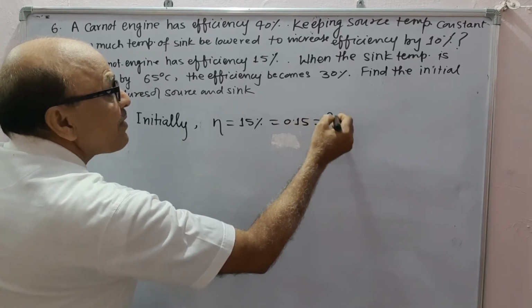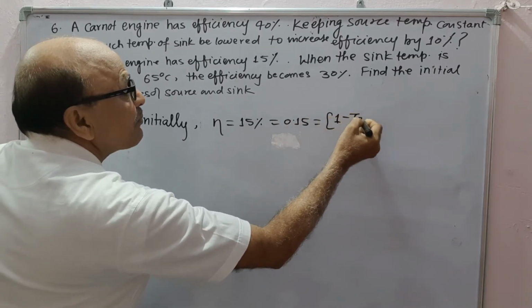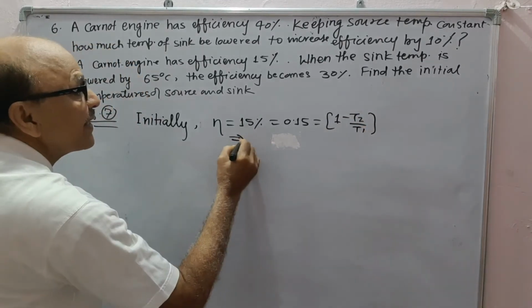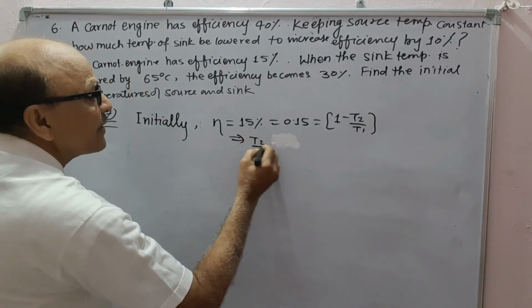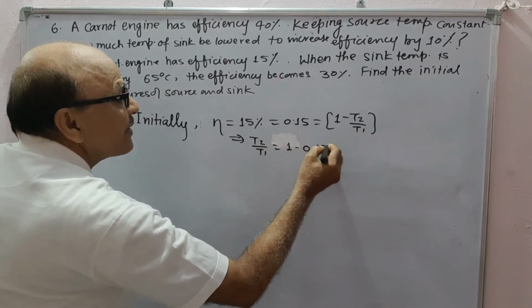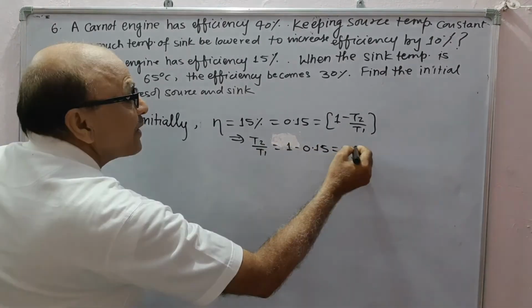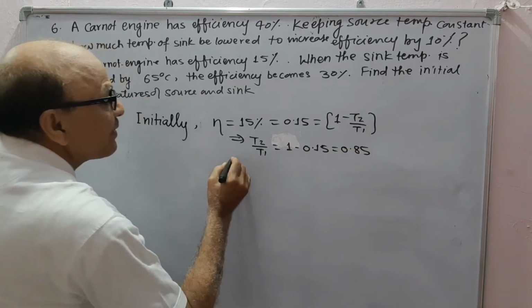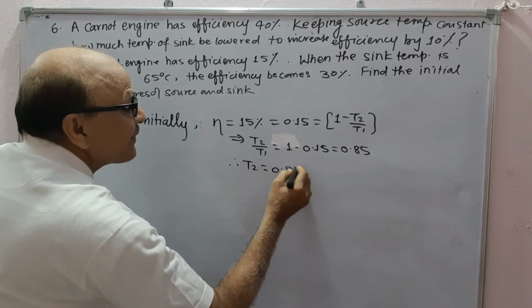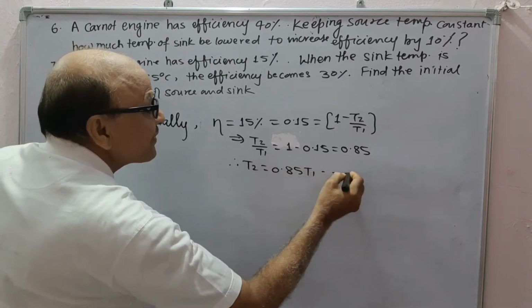This is 1 minus T2 upon T1. This means that T2 upon T1 will be equal to 1 minus 0.15, that is 0.85. Therefore, T2 will be equal to 0.85 T1. Suppose this is equation 1.